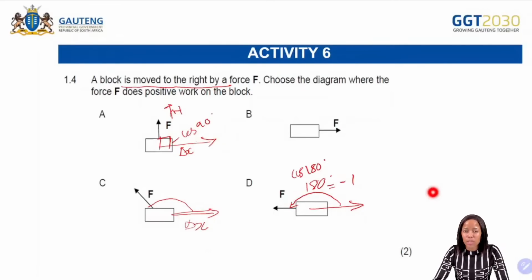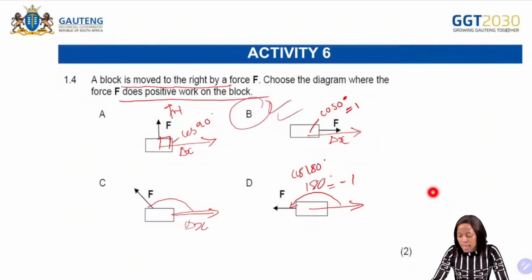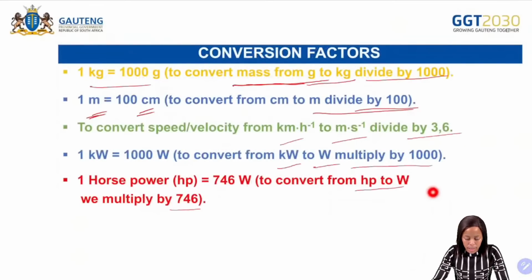If it's -1, we know that that is when we are going to have negative work done. So the only option left is the applied force. The displacement is also to the right. So if that's the case, it means that we will have cos 0. And then when we have cos 0, our answer there will be 1. So therefore the positive work will be done when it comes to option B there. That is our correct answer. Okay.